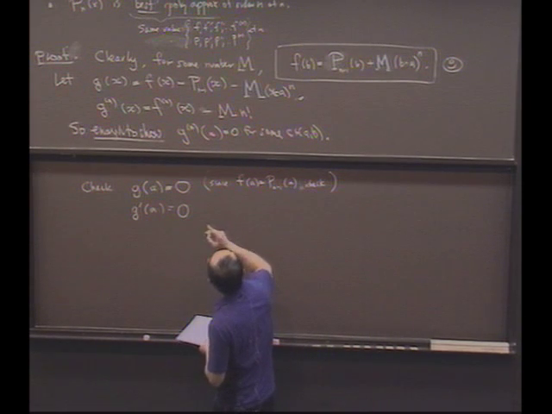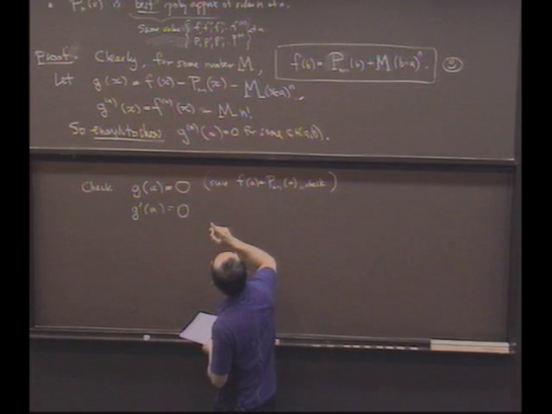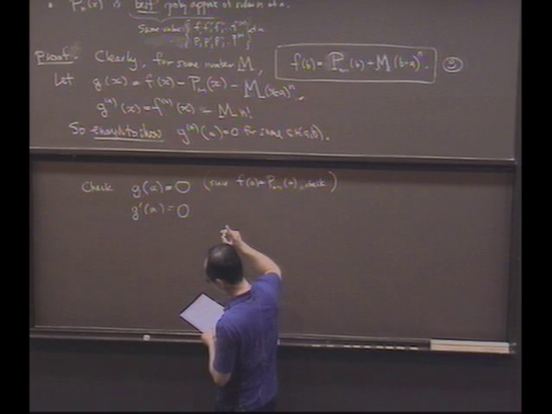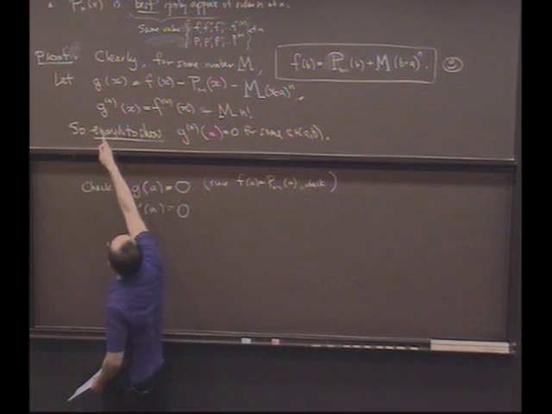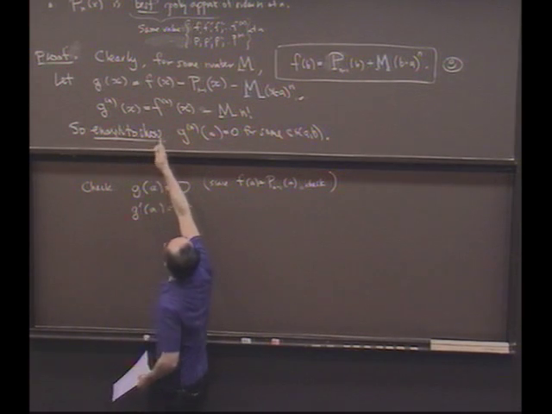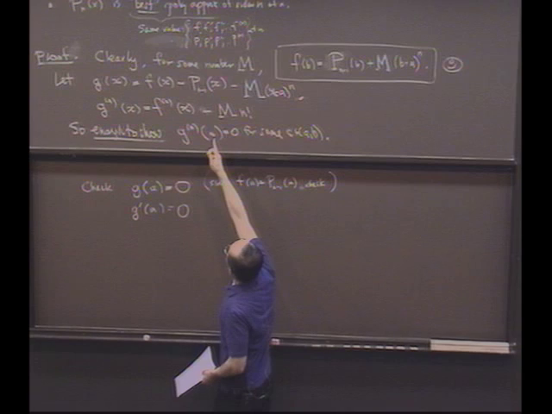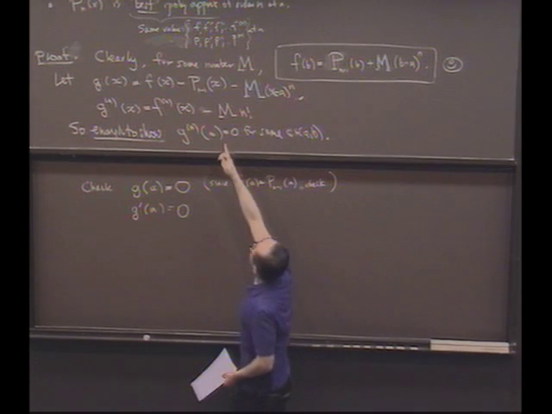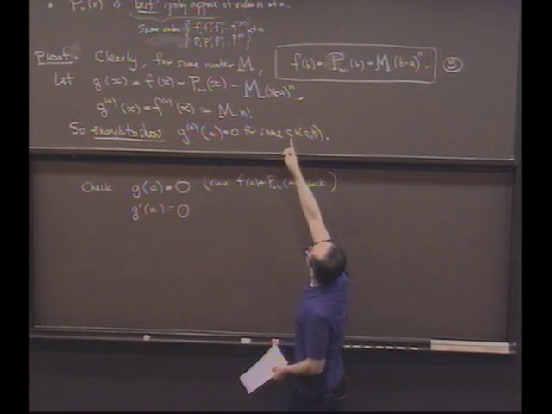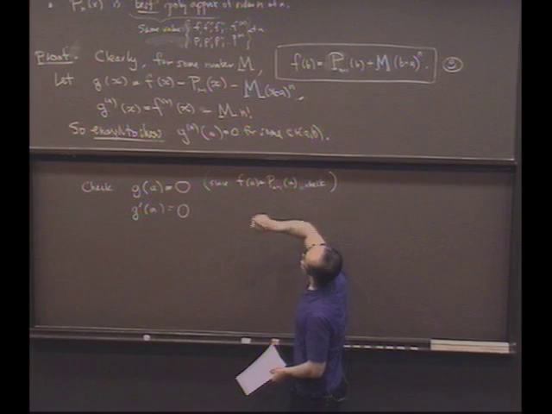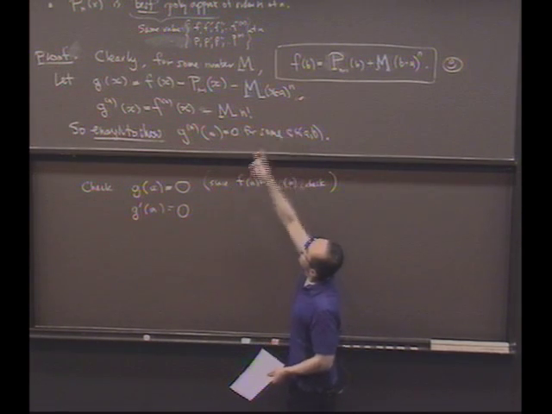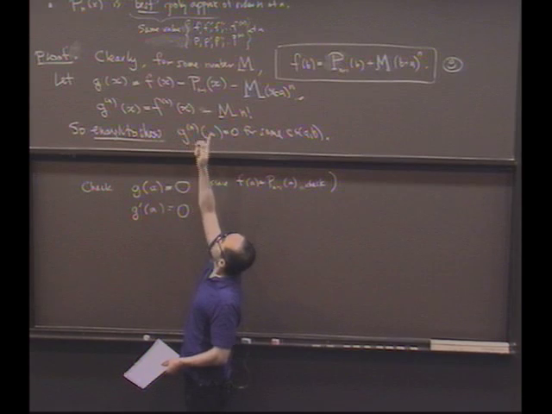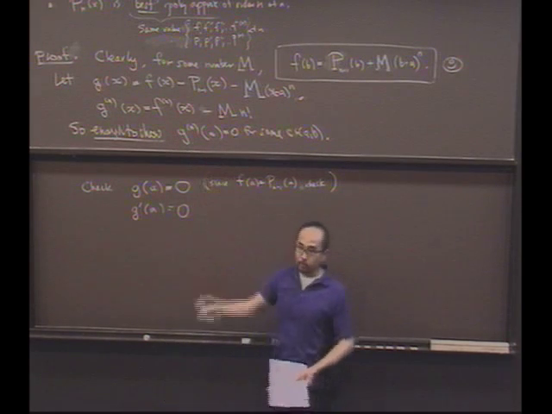So if I take the derivative here, I get g prime at x equals f prime at x minus the first derivative at x minus m and the n. Right. Sorry. That was just the nth term, but I want the first term. So this vanishes, and f prime and p prime have the same value.